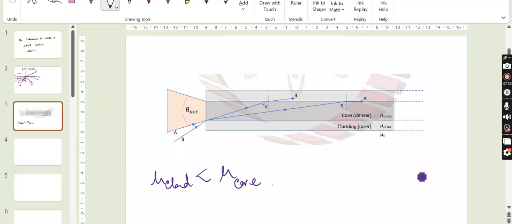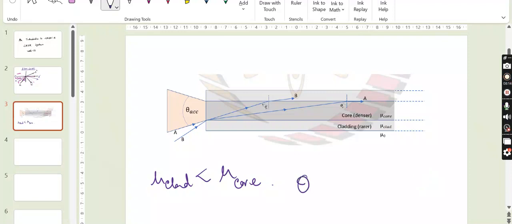So if the light comes in outside of the theta angle, it will not go through total internal reflection, and at each interface it will lose some energy, and in the end that part of the light will not propagate through the fiber.